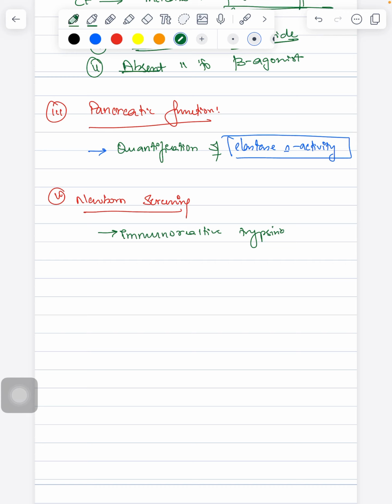You can also use DNA analysis on a dried blood spot, but it is a limited DNA analysis because you cannot analyze every mutation, which are around 1400 mutations. You can analyze only a limited set of mutations. This is about the testing that you will do in a child with cystic fibrosis.